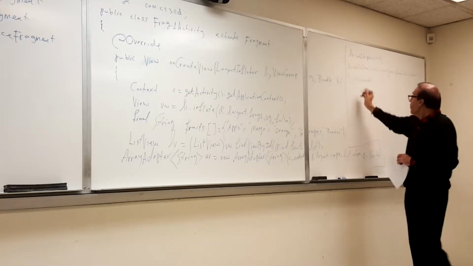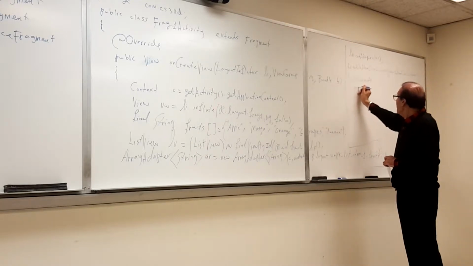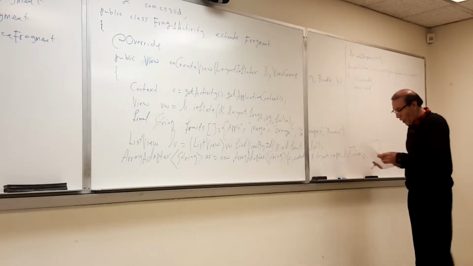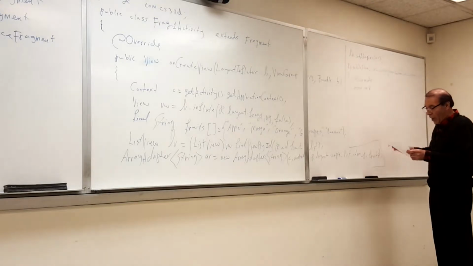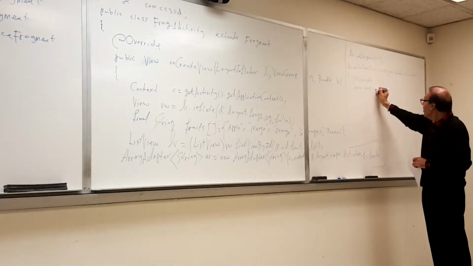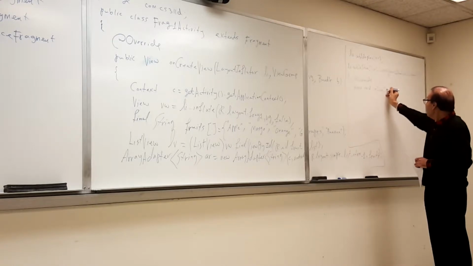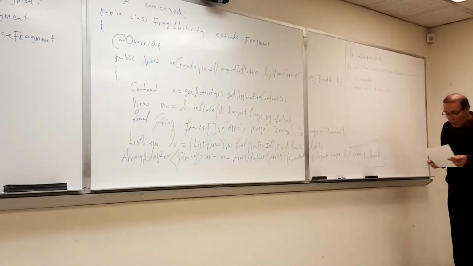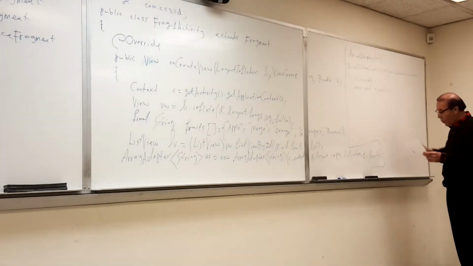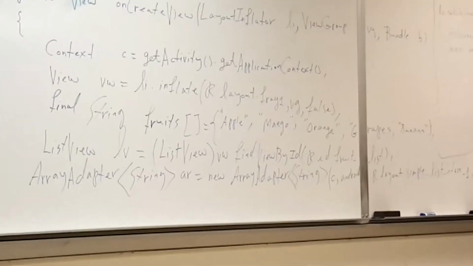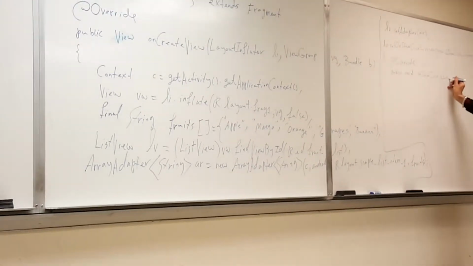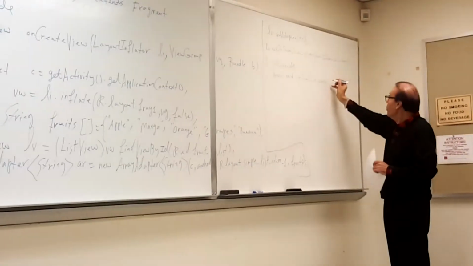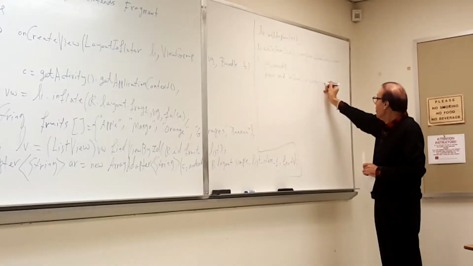Override. Public void onItemClick. Parenthesis. The first argument is AdapterView, which is generic.